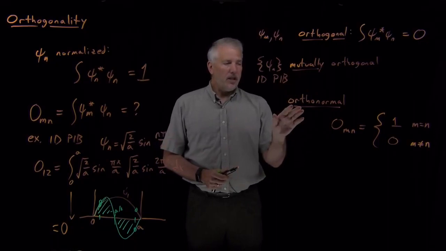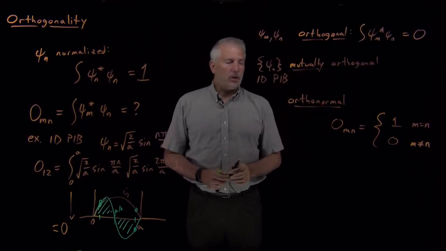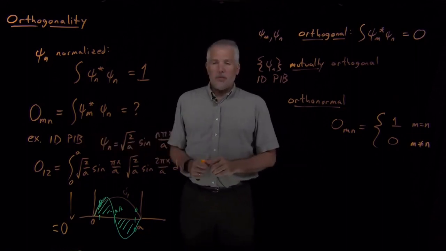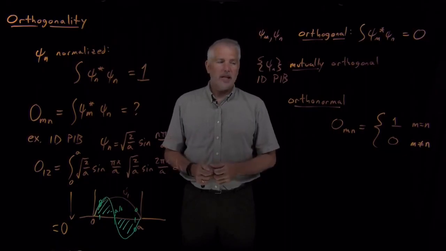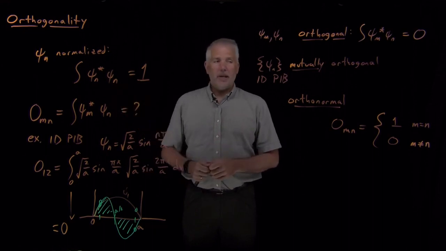And it turns out that having orthonormal vectors is particularly nice for reasons that we'll see soon. It's also convenient that not just for the one-dimensional particle in a box, but for any quantum mechanical problem, whichever we choose to solve, we'll get a set of wave functions, we can normalize them, and we can also make them orthogonal to one another.